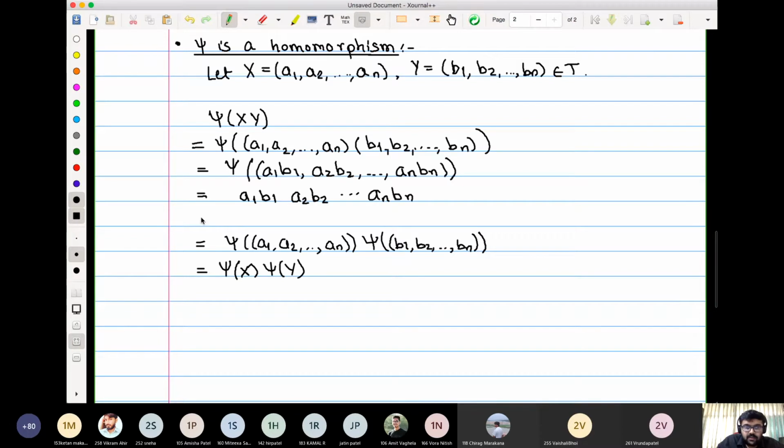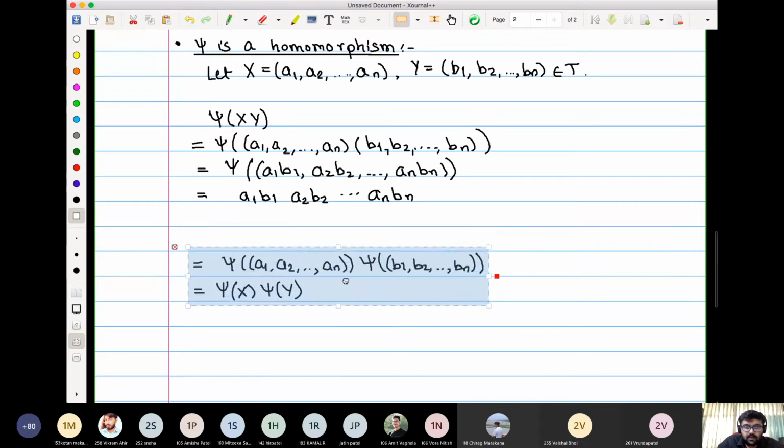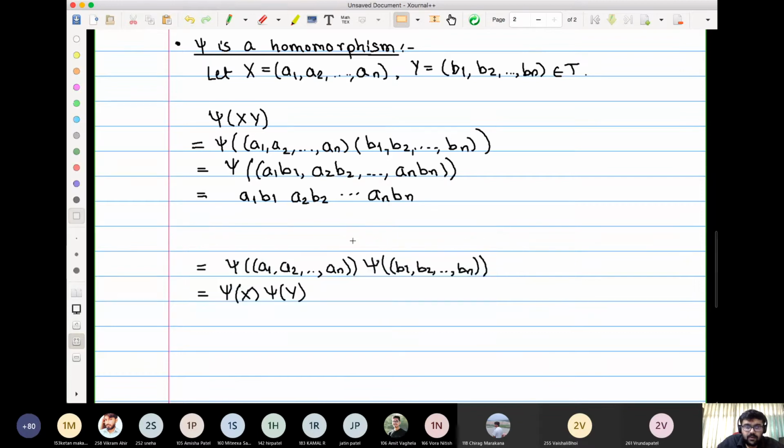And what is this? A1, A2 up to An, and we have B1, B2 to Bn, if we are going the reverse way.